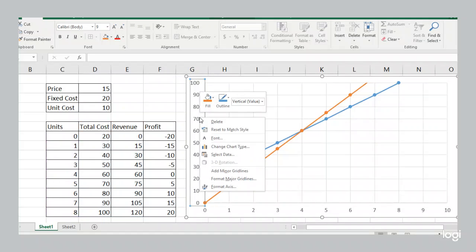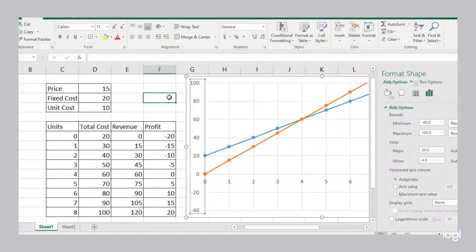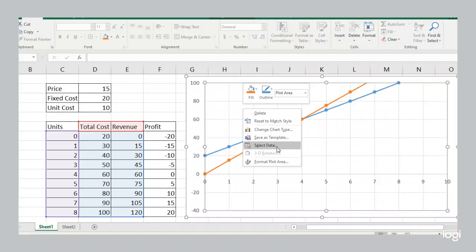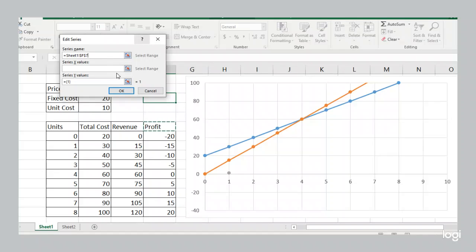And we can plot profit. To do that, I'm going to increase this scale again. Instead of 0, we will allow negative 40. Okay, we're going to plot profit.